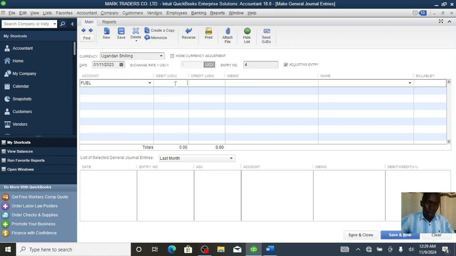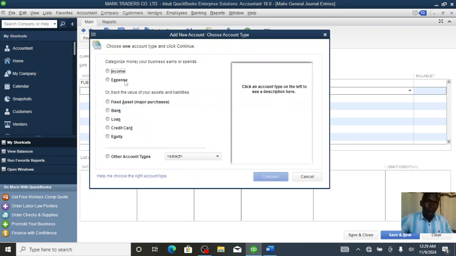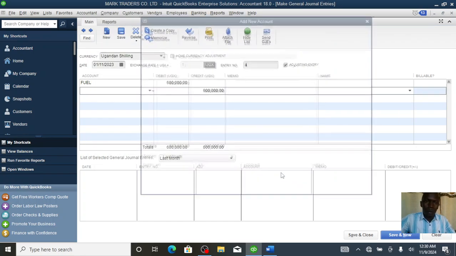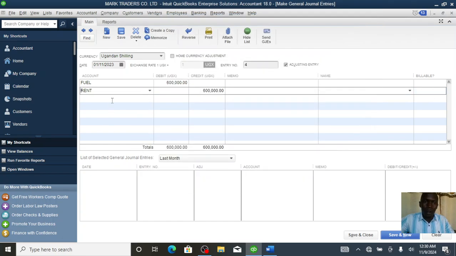The amount is 600,000. Next is create. Expense is rent. Save and close.